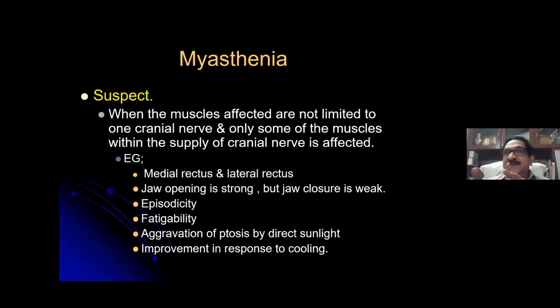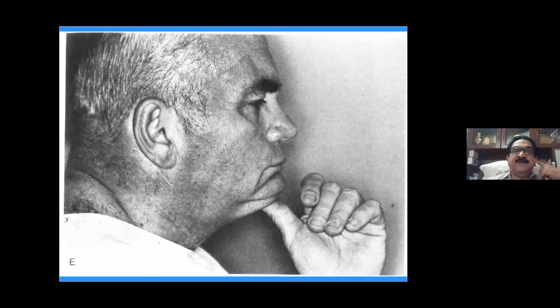It is not fitting with the nerve pattern. When it is third nerve, it supplies the medial rectus and other muscles. If jaw opening is strong but jaw closure is weak, both are supplied by the fifth nerve, but here only some of the muscles are affected. When you get that kind of pattern, again, consider the possibility of a neuromuscular junction disorder. And other features like episodicity, fatigability, those things you know. If somebody comes to you like that, think of the most likely possibility of myasthenia.